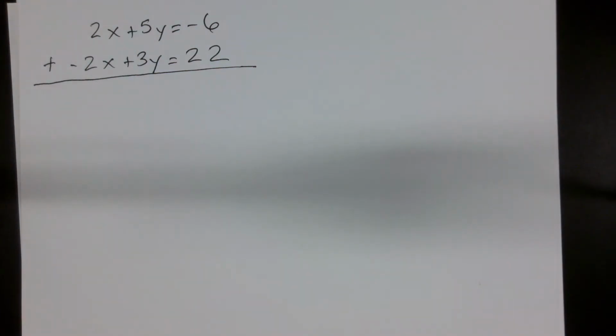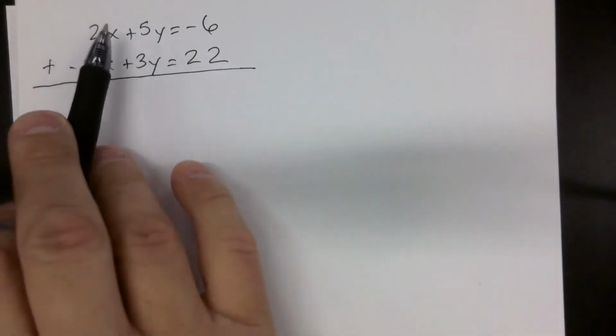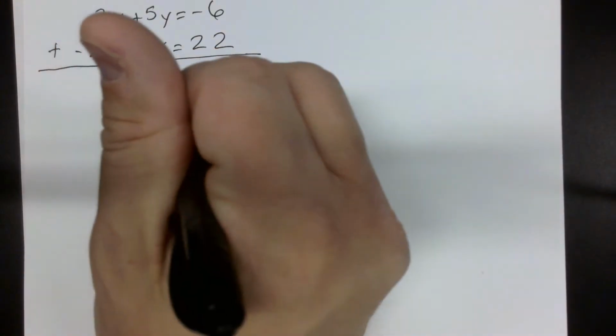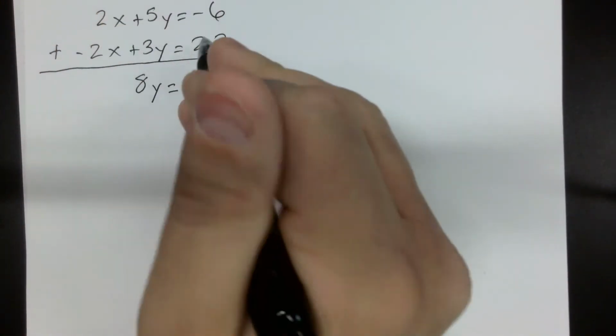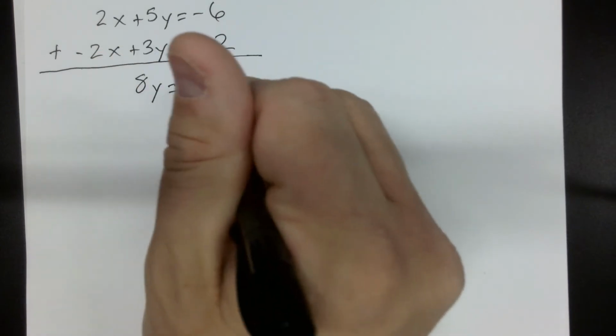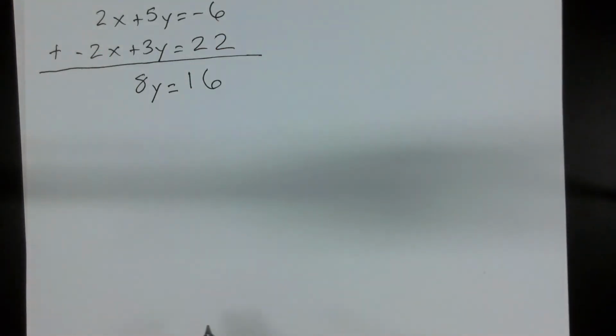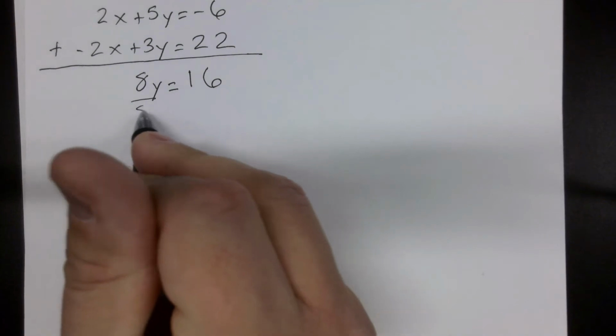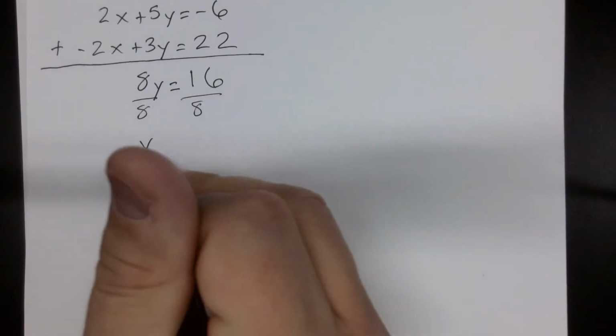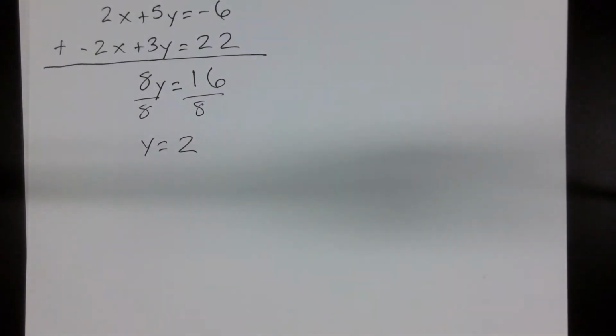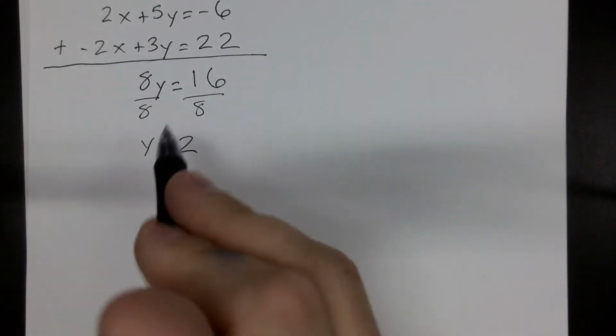We're going to do one right next. Well, not next, but pretty quick here. Okay. So, we add them together. The x's cancel. We add the y's together. We get 8y equals negative 6 plus 22 is 16. We can solve for the first variable, so y equals 2. Look at that. Look how easy that was.